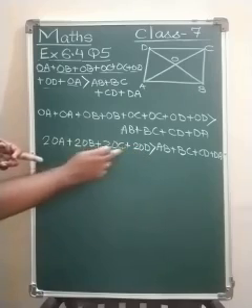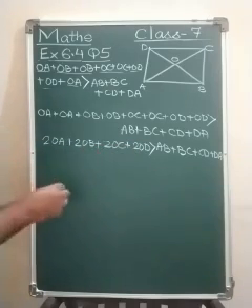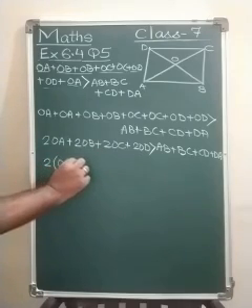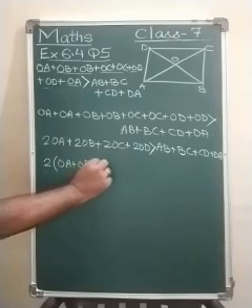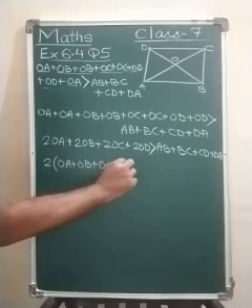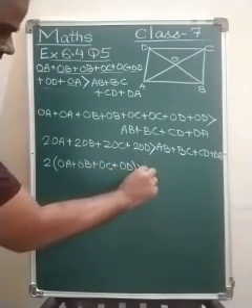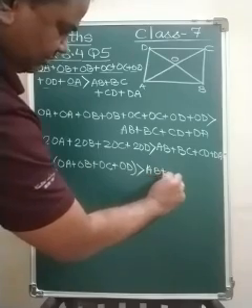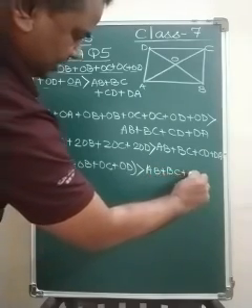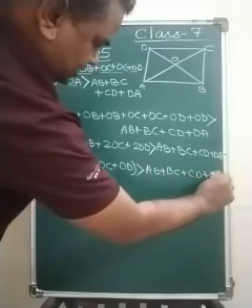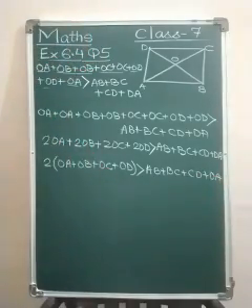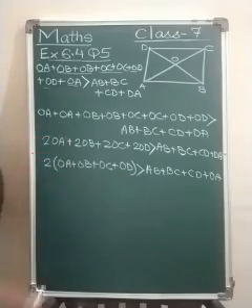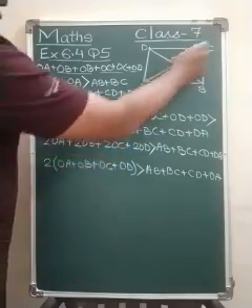Now here we can take out 2 as common factor: 2 in the bracket OA plus OB plus OC plus OD greater than AB plus BC plus CD plus DA. Again, here we are going to do some rearrangement. Now see here, what is meant by AC?